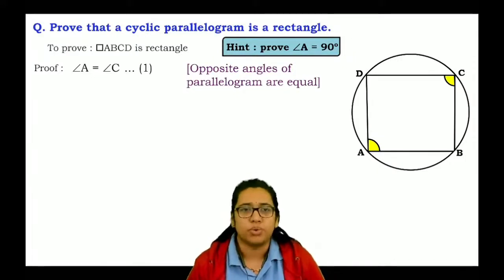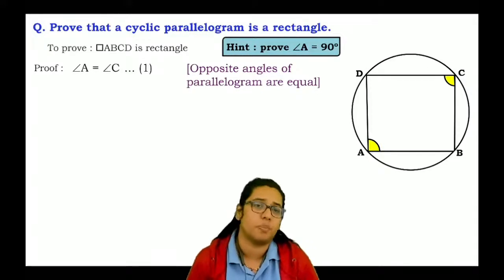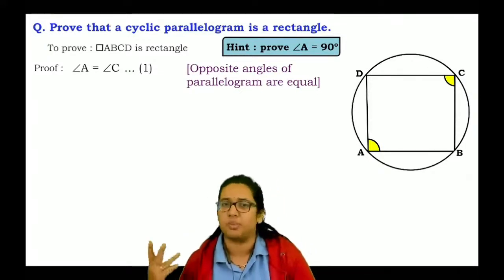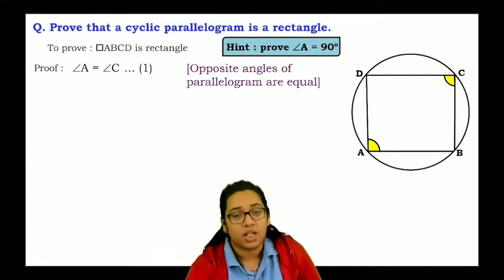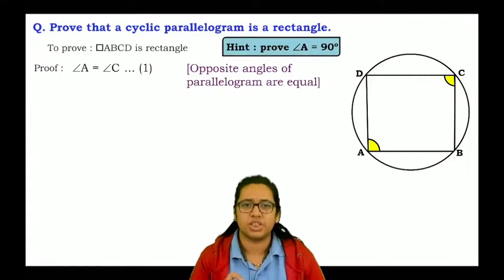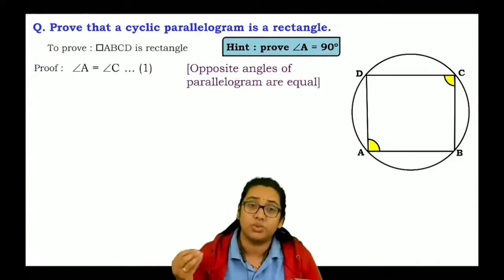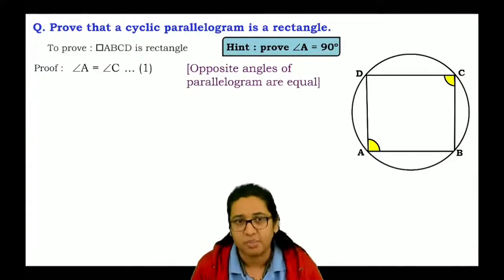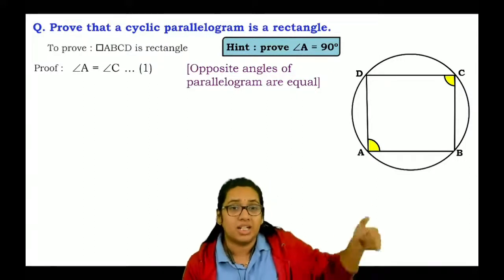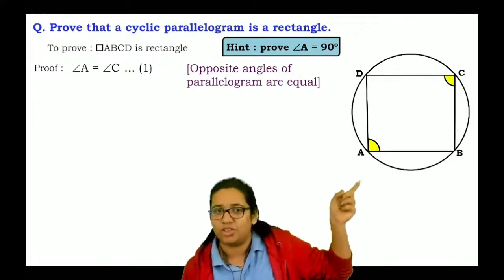So as a proof, A and C are nothing but opposite angles of a parallelogram, and we know that opposite angles of a parallelogram are equal. But we are talking about the cyclic parallelogram. ये जो आपने first condition का use किया, we are just using one of the properties of a parallelogram in which opposite angles are equal. But it is also a cyclic quadrilateral, right?